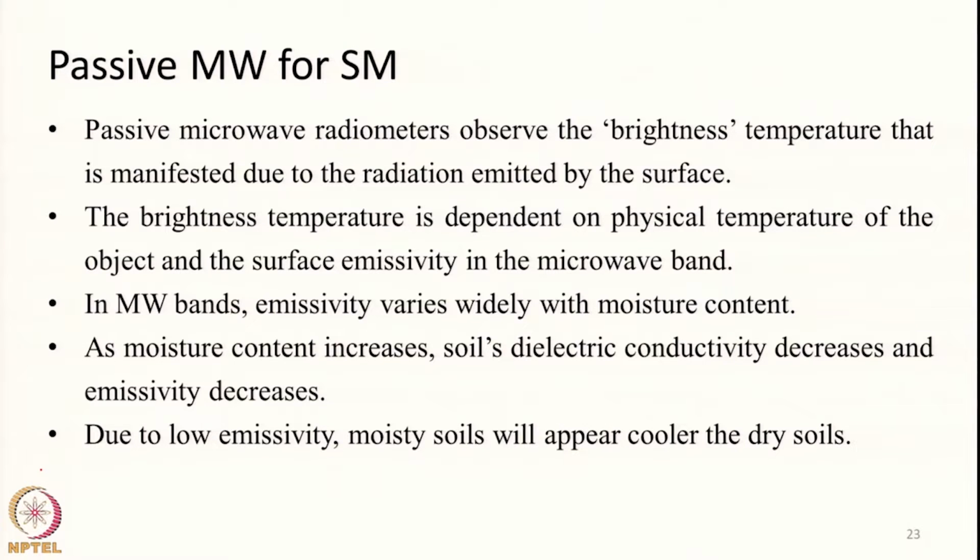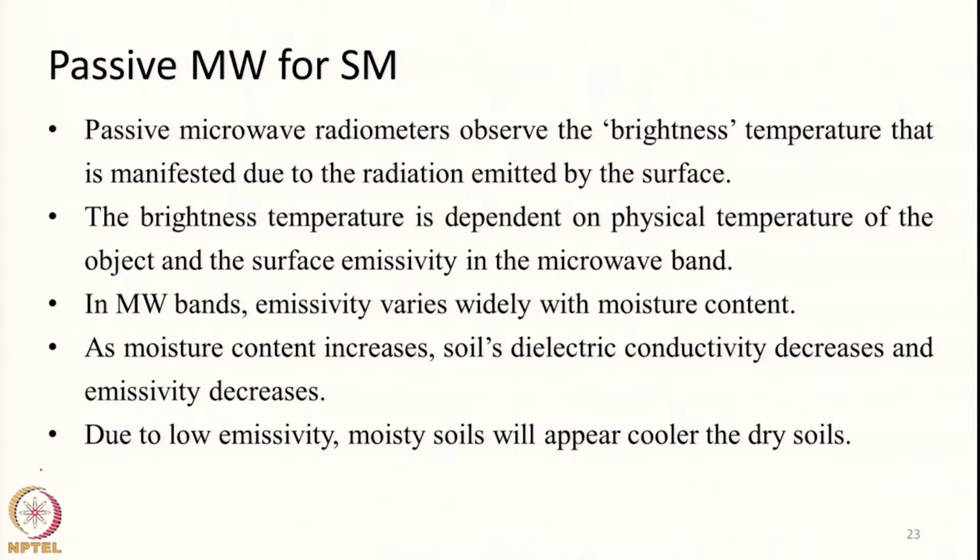We have already seen that passive microwave radiometers observe brightness temperature, which is what we get from the data. The brightness temperature depends on the actual temperature of the object and the emissivity of the object. So, TB is equal to emissivity times T in microwave wavelengths, a direct relationship. Whenever a soil is wet, the emissivity will go down.